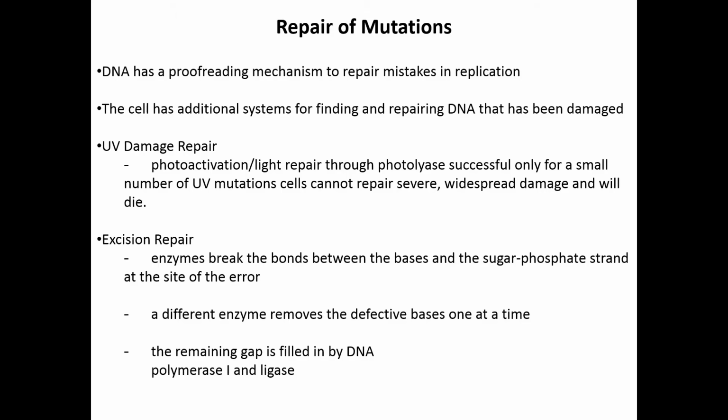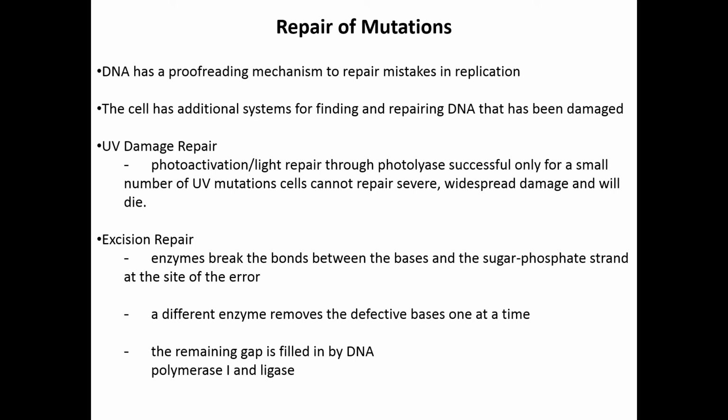All right, now there are repair mechanisms for the DNA. You have proteins that can repair mistakes in the genetic code that occur as a result of DNA replication. We've already talked very briefly about how DNA polymerases have the ability to correct mistakes during replication, but even then, some of those mistakes aren't corrected.